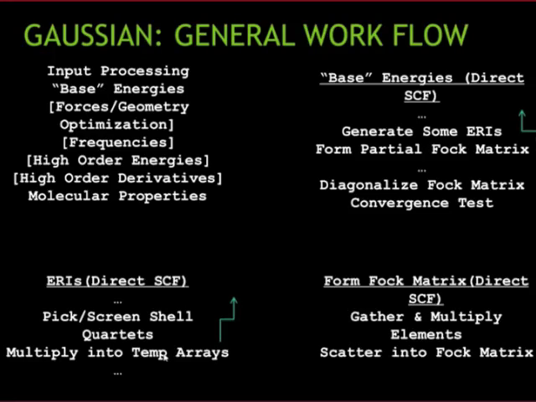This temporary array is used subsequently to gather and multiply into elements that will be scattered into the Fock matrix. Today, of the bottom part of this slide, the picking and screening is still on the CPU, whereas the other three parts are running on the GPU.